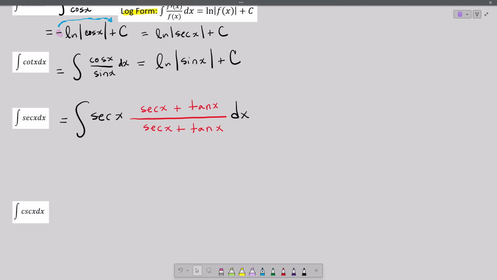So I claim it's in log form now. Let's check. Let's first distribute this secant so that we have secant squared plus secant tangent. And let's check. Is it really in log form? Or am I blowing smoke?